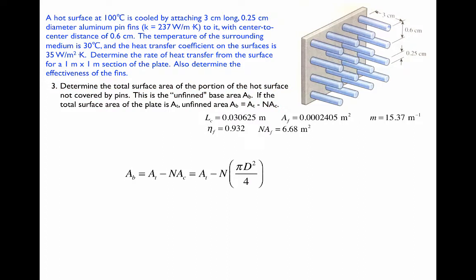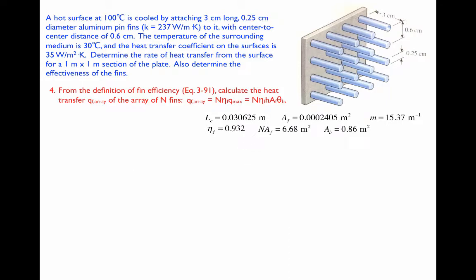Here's our equation for it: the total area minus all of the cross sections taken up by pins on the surface. That's 1 minus the number of pins, 27,777, times the cross-sectional area of each pin, or 0.86 square meters. So we note the unfinned base area, 0.86 square meters.